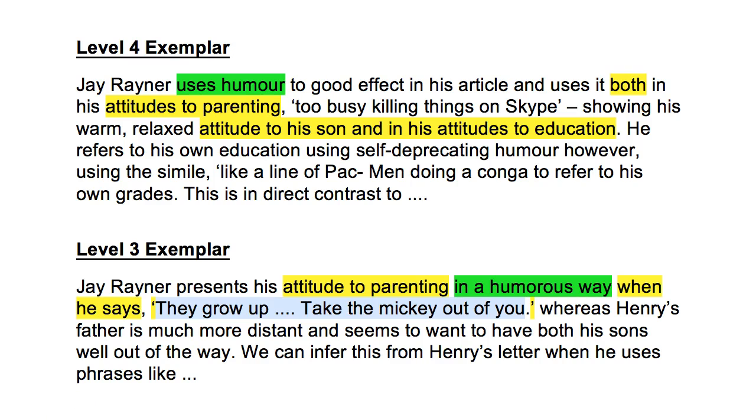Right, the other thing that makes this answer better is this bit I've highlighted in green. "He refers to his own education using self-deprecating humour, however." So it's introducing a second point connected to the first.